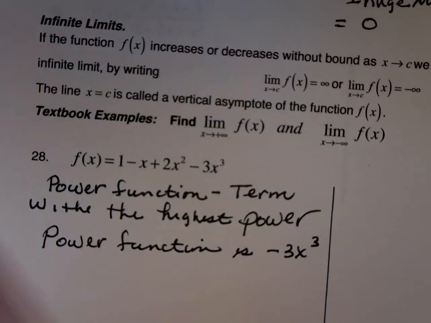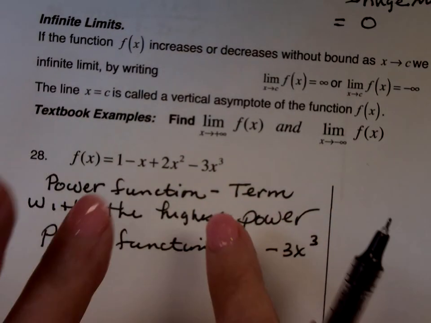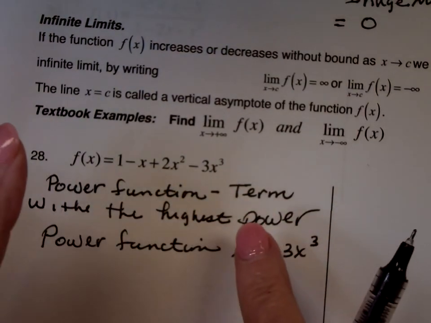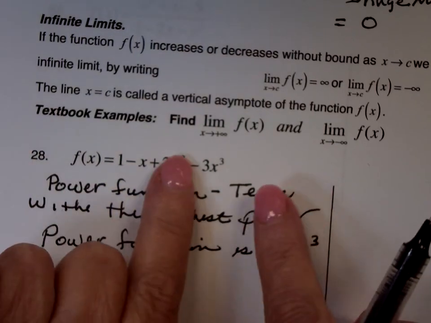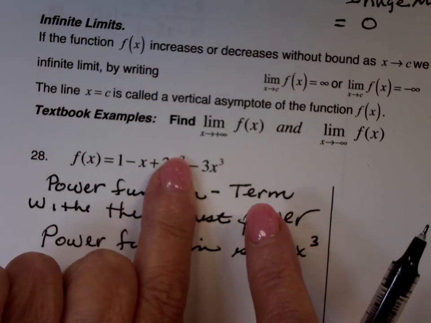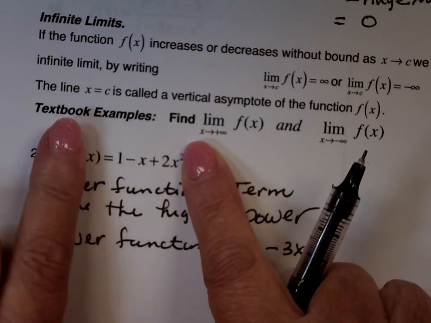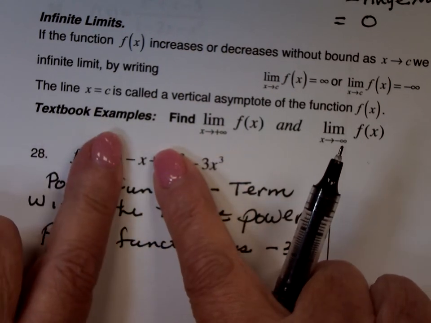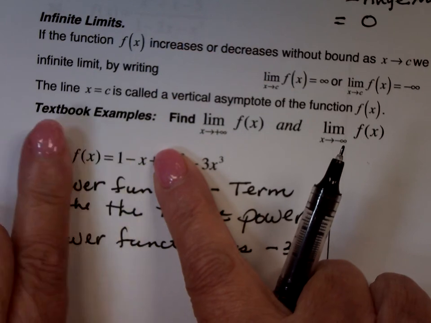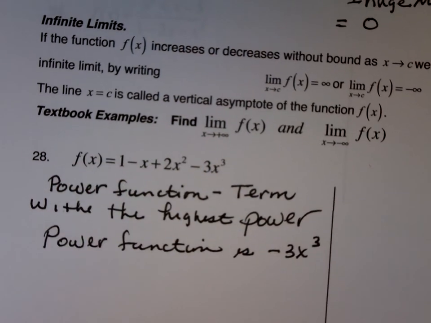That says, well, after a while, if x is very large, like a trillion, cubed is so big that a trillion squared doesn't matter, or a trillion doesn't matter, and 1 doesn't matter, because the numbers are so big.